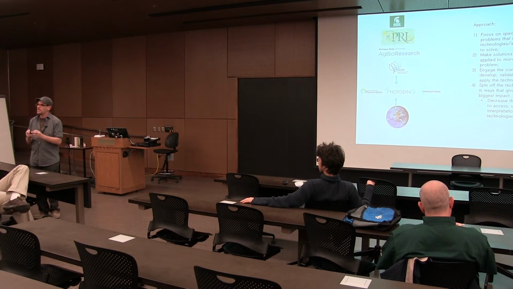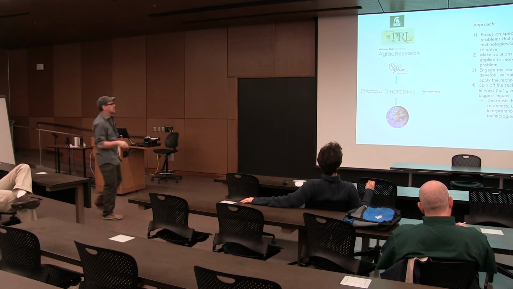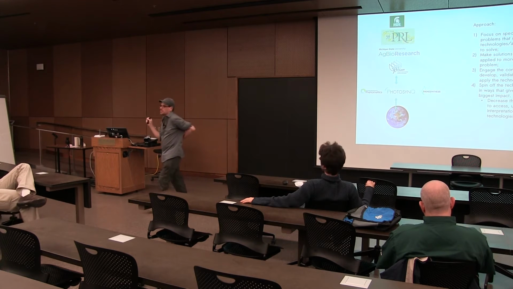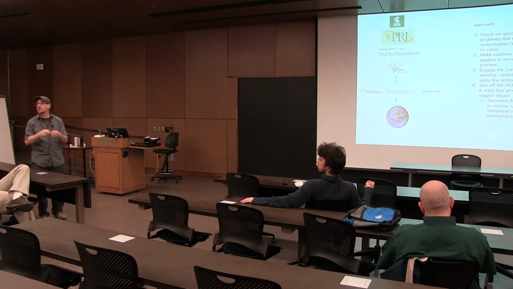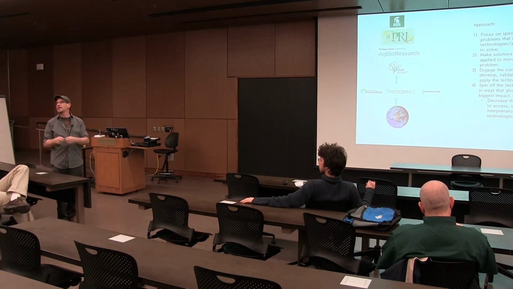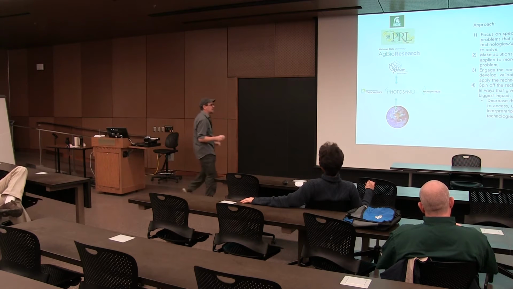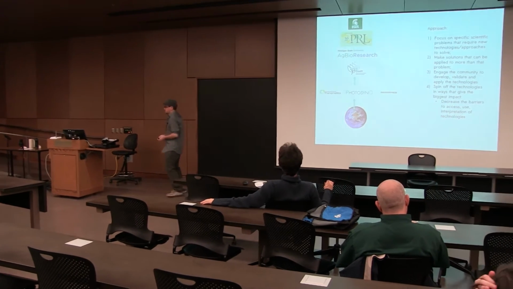Because it's very difficult to solve these questions in isolation. And that part, I think I want to emphasize a lot during it. And then we want to spin off these technologies in ways that make sense, that have big impact. So it could be a company, could be a nonprofit, could be open sourcing things. The idea is to decrease the barriers to access, interpretation, and use of the technologies.